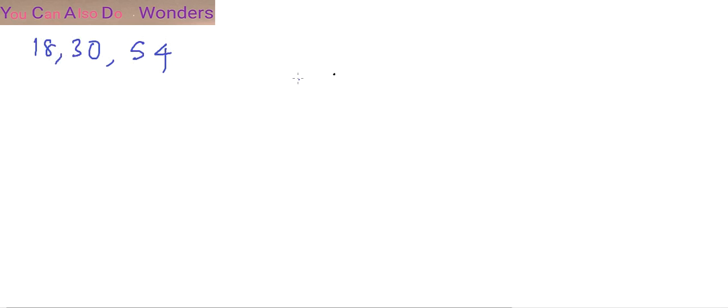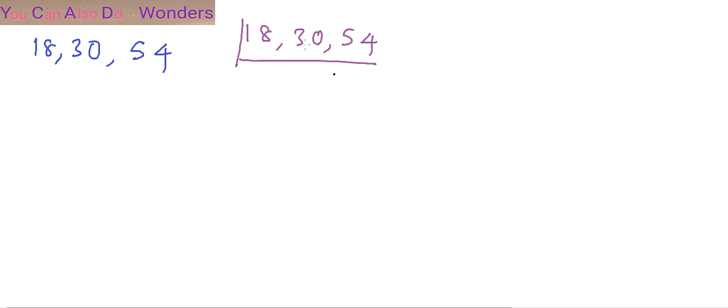Now let's use the common division method. That's one of the methods of finding HCF and LCM. 18, 30, 54. Again, as I said, to divide them we need not use prime numbers.